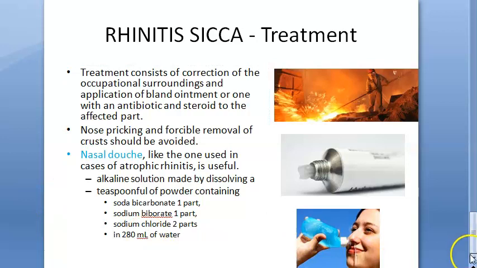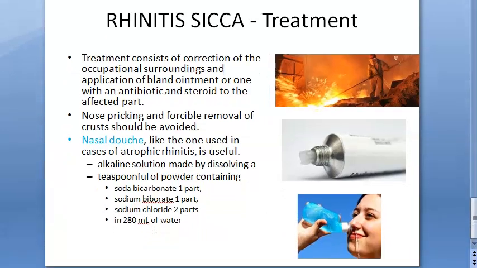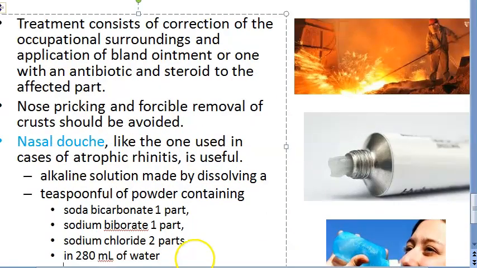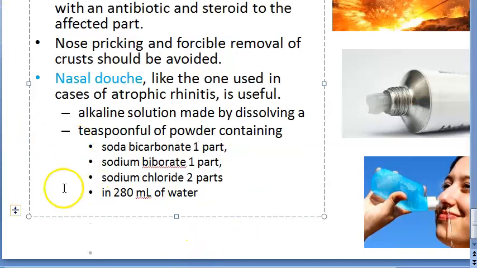Okay. Is it clear, people? Then, don't forget to mention all these extra things, okay? They should do it 3 times a day and then on alternate days, once in 3 days, all that. Hard crust, they should not forcibly remove, okay?